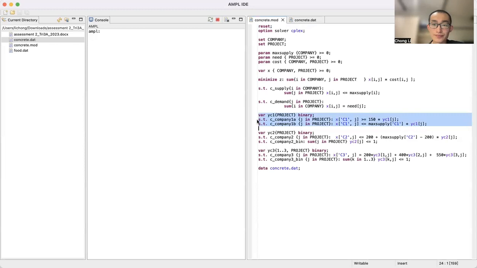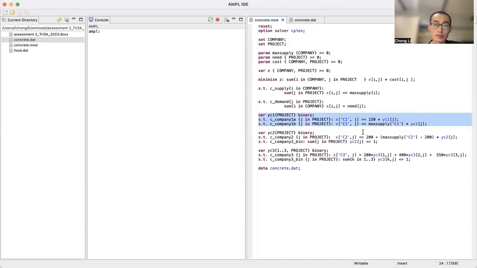These two constraints, the first line, it means for every project, the quantity of concrete supplied to the project is larger than 150 times the supplier indicator. So we can discuss this under different situations.